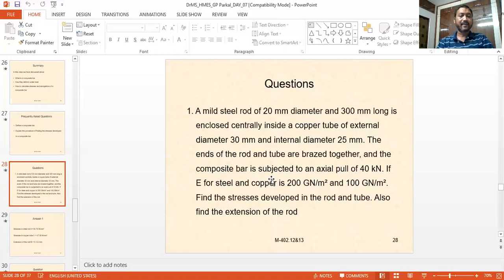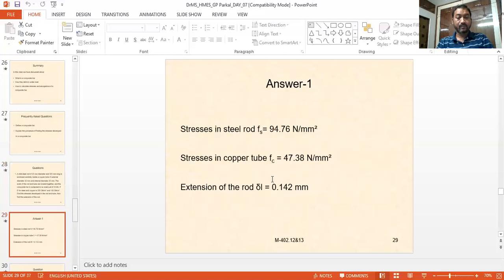Then we are supposed to find out the stresses developed and also the total extension of the rod. So if you work out, you will get these answers: the stress in steel rod, stress in copper tube, and the total extension can be like this.